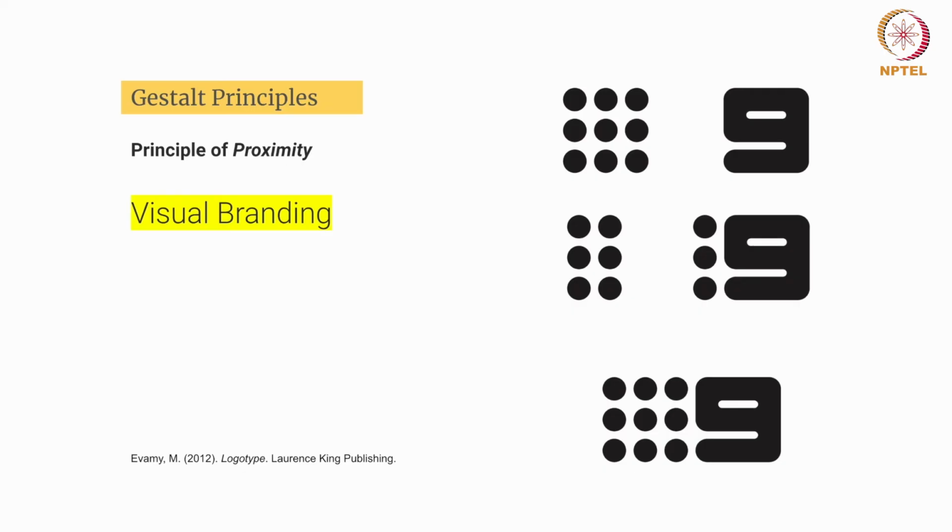If these things are far, it's very difficult for us to assume that this representation is associated with this. But when we put it in a well structured representation where the nearness is considered in a very meticulous way, automatically the overall representation becomes a part of one single representation.